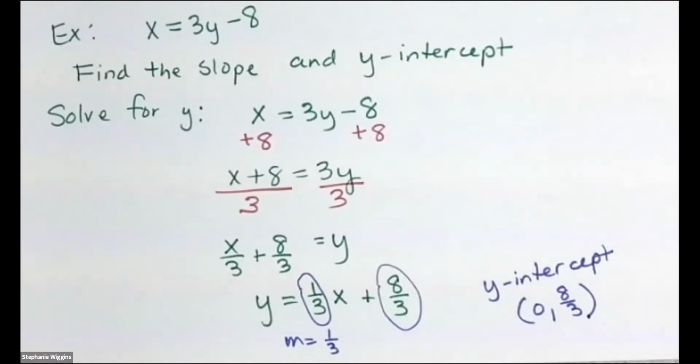Sometimes you'll hear me say that the y-intercept is 8/3, and what I really mean is it's the y value. The point is (0, 8/3). That's the y-intercept. But the y value is 8/3, and sometimes I just say that. So you'll see in the homework that they'll say in the instructions, write it as an ordered pair. And if they say that, you would write it like this.